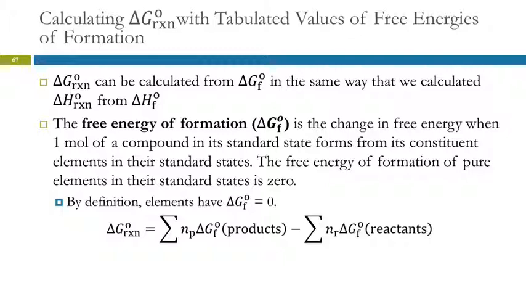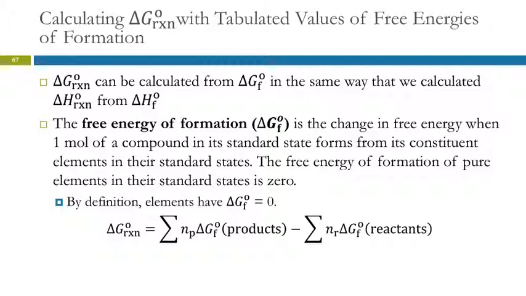On to the second method of calculating standard change in free energy. We can look up free energies of formation. And so we can calculate these in the same way that we calculate delta H, the change in enthalpy, from the heats of formation. So free energy of formation is a change in free energy when 1 mole of a compound in its standard state forms from its constituent elements in their standard states.